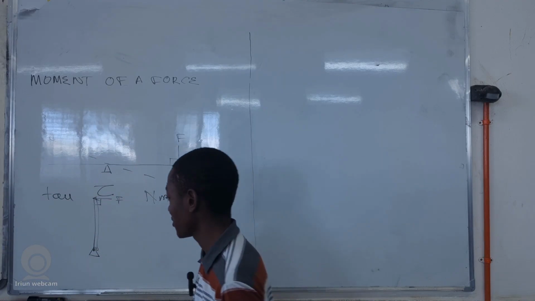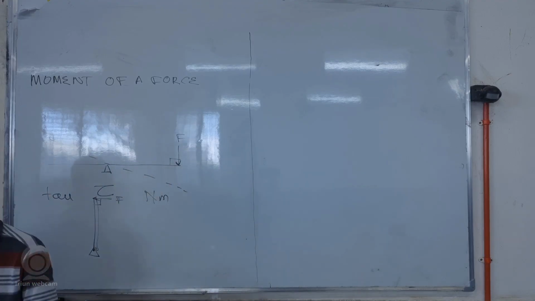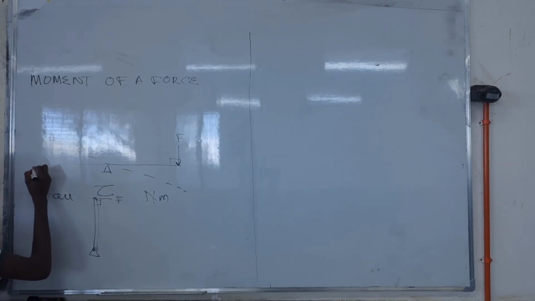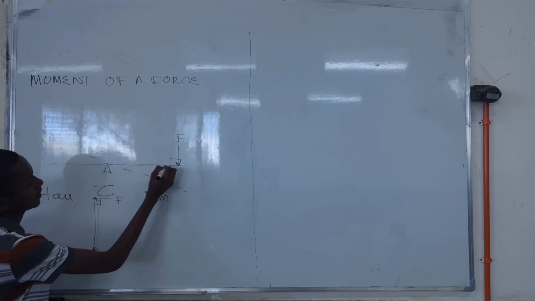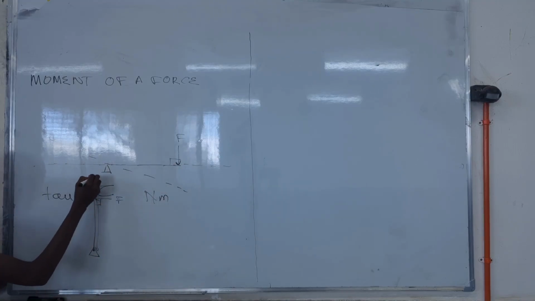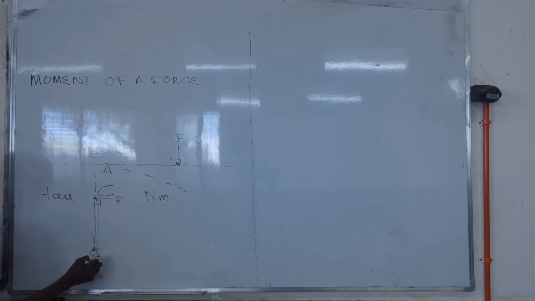Okay, I don't know how you define it, but I'll just tell you that this is the line that is passing through the pivot, okay? So here the line of action is, let's say it's ending like this. And here it's this one.